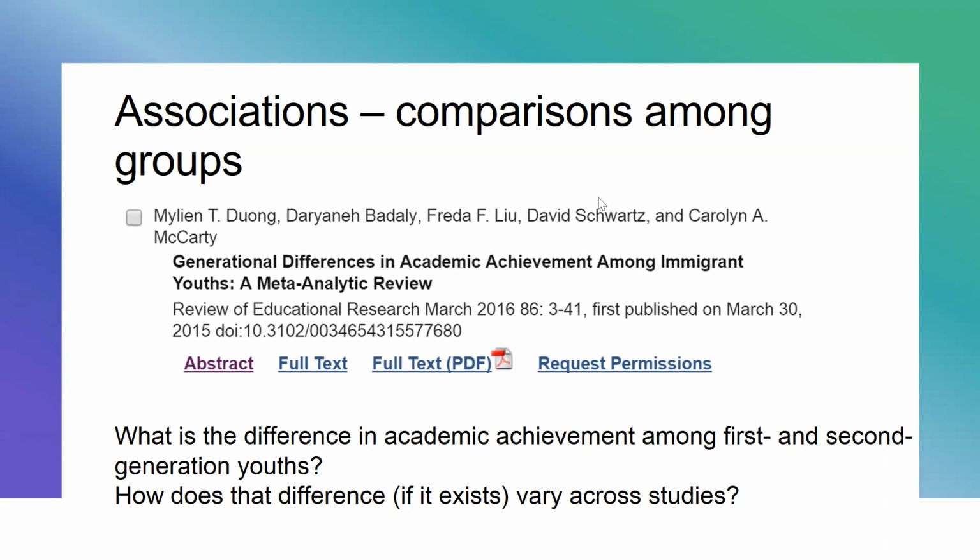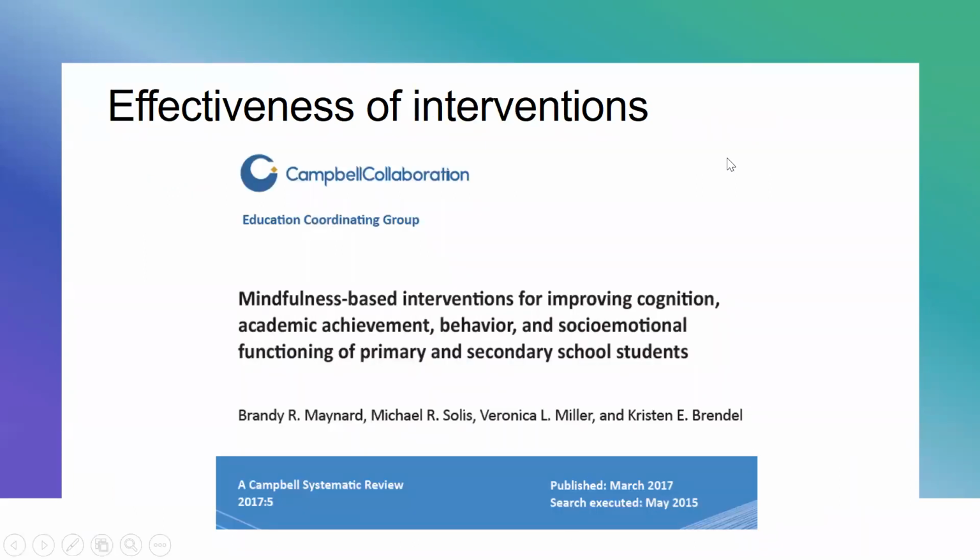And then finally, I think maybe the most common context in which we use meta-analysis is understanding effectiveness of interventions. Here we're really interested in understanding if some new educational curriculum or some new program is effective, so we're comparing a treatment group that got a new intervention and a control group that is using the same or business as usual.